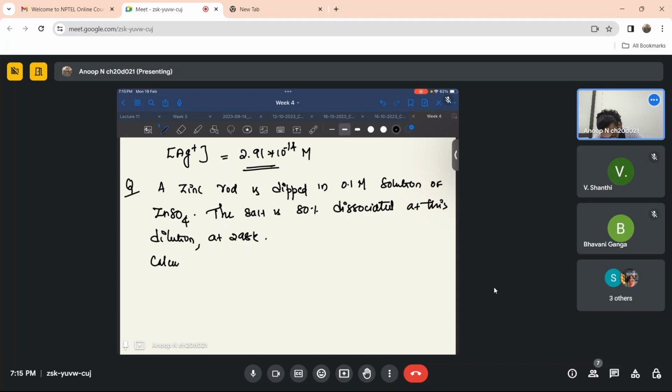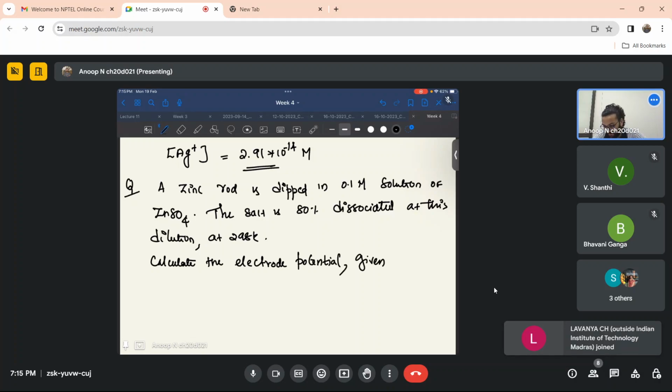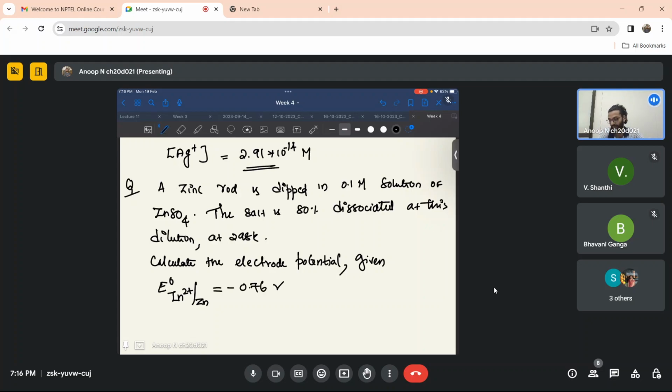Calculate the electrode potential given E0 zinc 2 plus bar zinc is equal to minus 0.76 volt. Please calculate.